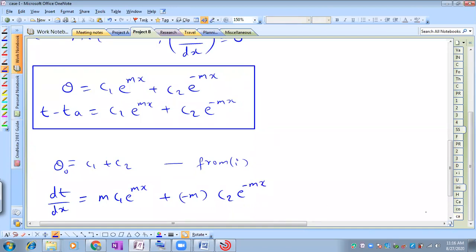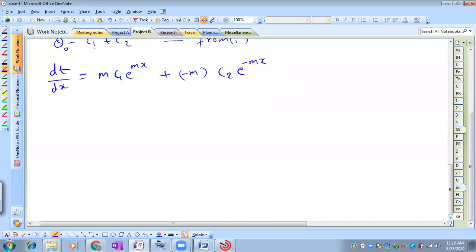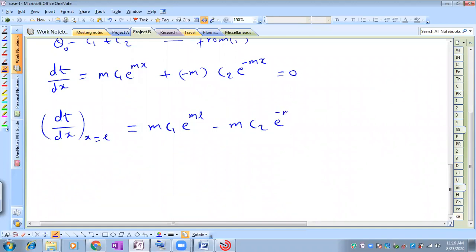Okay, now based on this, if I want to calculate dθ/dx at x is equal to L, how can I write? I can write m into C1 e raised to mL minus m into C2 into e raised to minus mL is equal to 0.